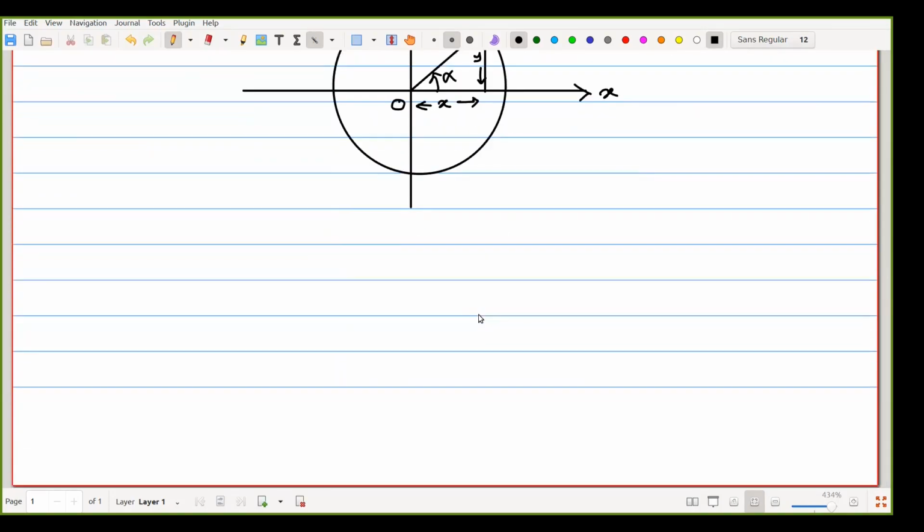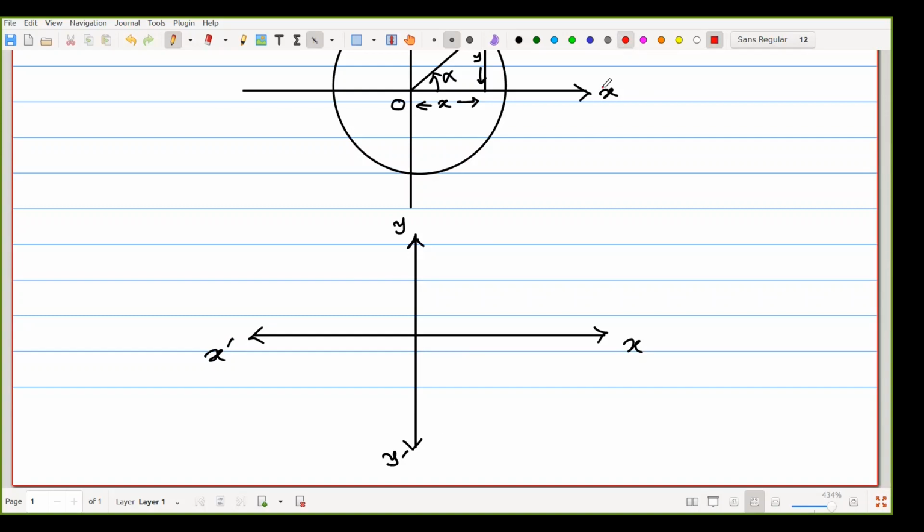Now, according to that, we are drawing another coordinate system. And you can find here x, y, x dash, y dash. According to that, that is the first quadrant. In the first quadrant, we have x greater than 0, y greater than 0. That is always. In the second quadrant, we have x less than 0.